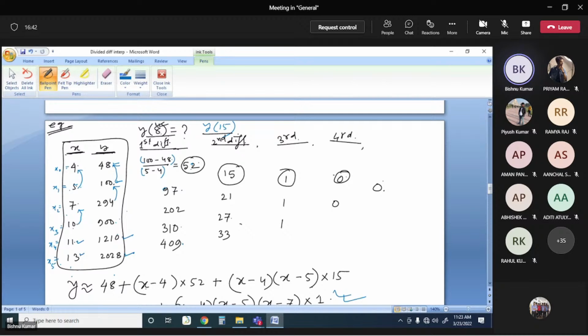After getting the first difference, we can use the previous differences to calculate the higher differences. To calculate the second difference, I need the first difference values. How will it be calculated? Subtract 52 from 97, divide by 7 minus 4. Okay, 97 minus 52 by 7 minus 4. It will be 15. Is it clear?